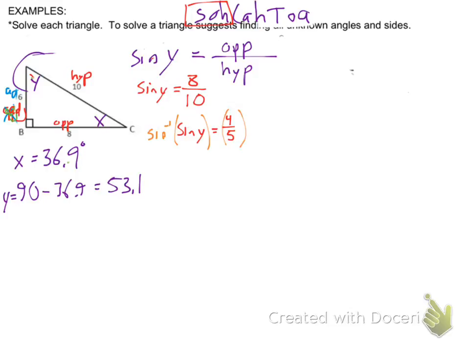Probably should have left myself a little bit more room here. But I have to squeeze a little inverse sine above there. Because the sine and inverse sine will cancel each other, just like a square and a square root. And so, that will leave me with just y equals the inverse sine of 4/5. And this is where you'd have to take your calculator out because they're not turning out to be nice angles.